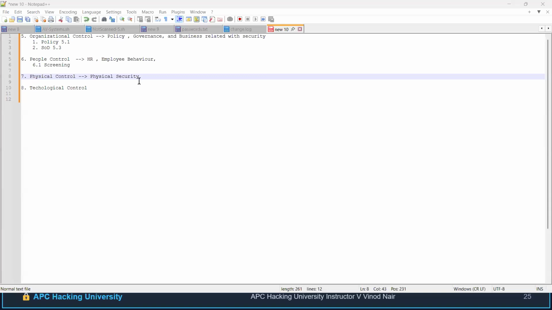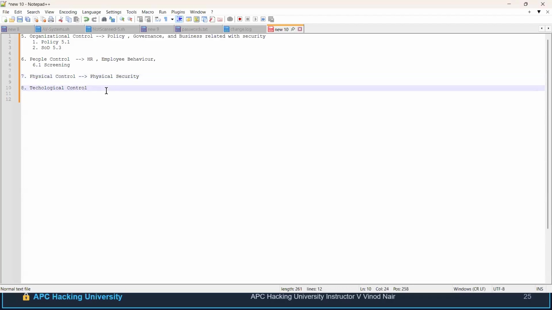Anything related to technology will come under clause 8. So clause 8, technological control, will talk about systems, networks, and data protection.